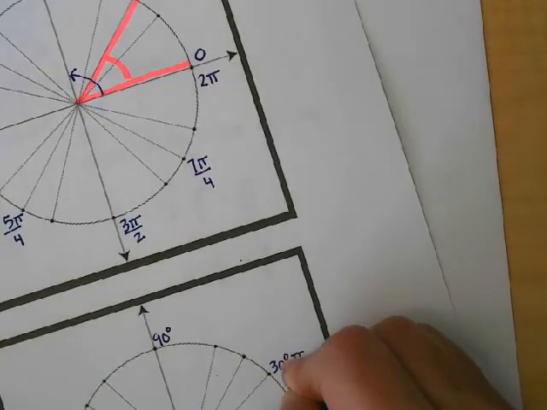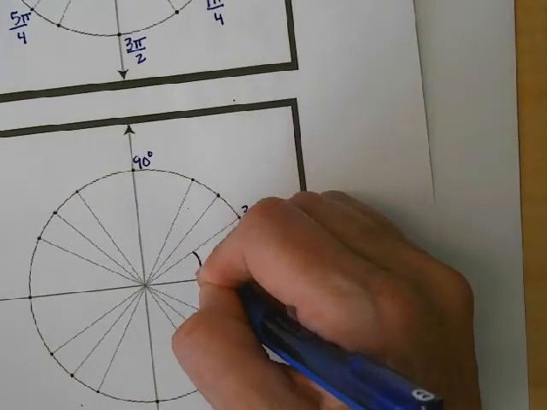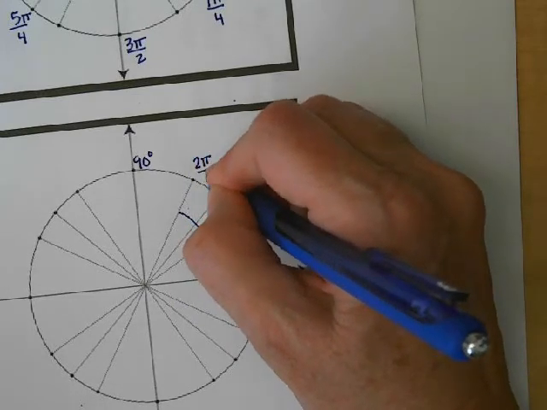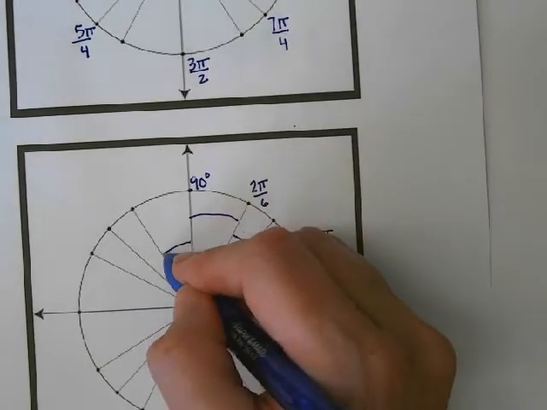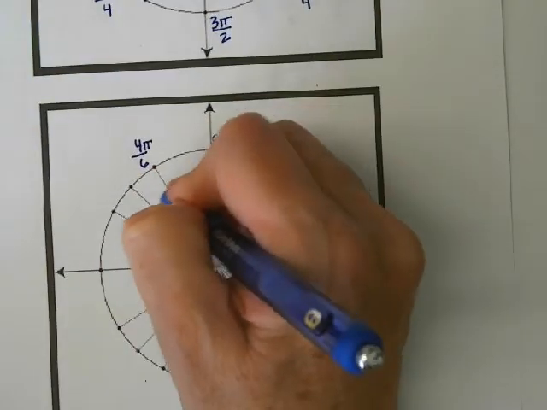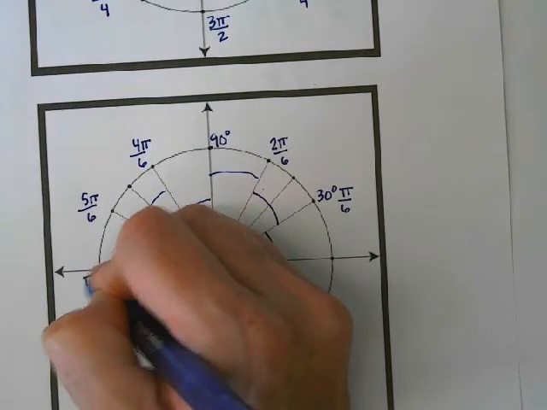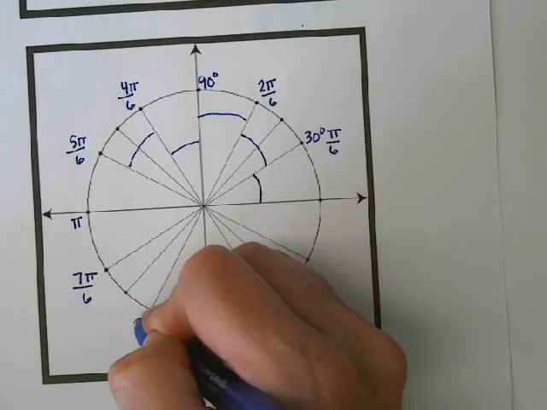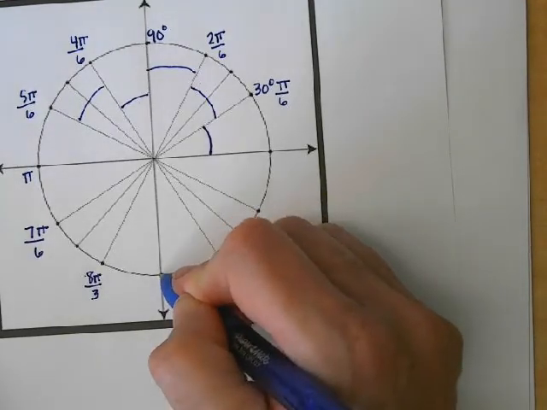So let's just count in pi over 6. From here to here is pi over 6, 2 pi over 6, 3 pi over 6, 4 pi over 6, 5 pi over 6, 6 pi over 6, 7 pi over 6, 8 pi over 6, 9 pi over 6, and I can put that in.